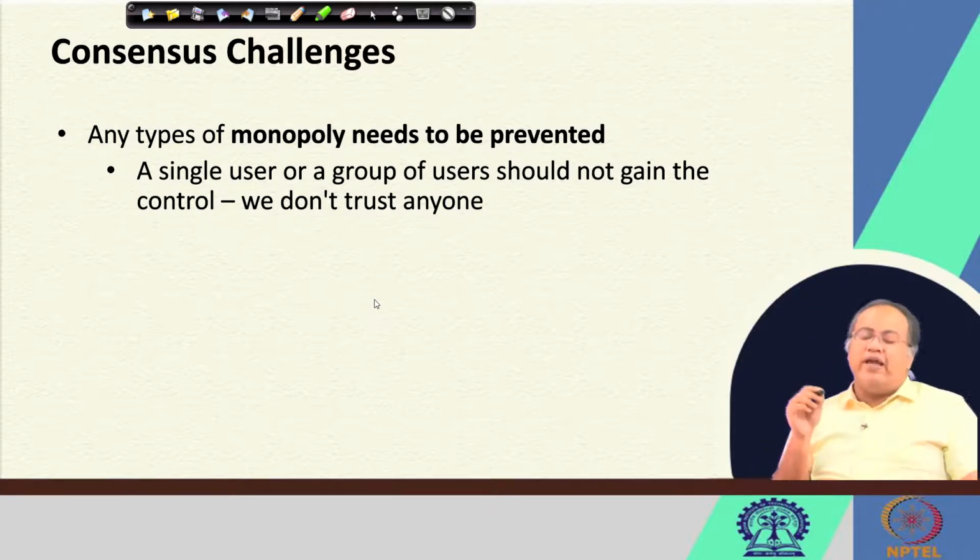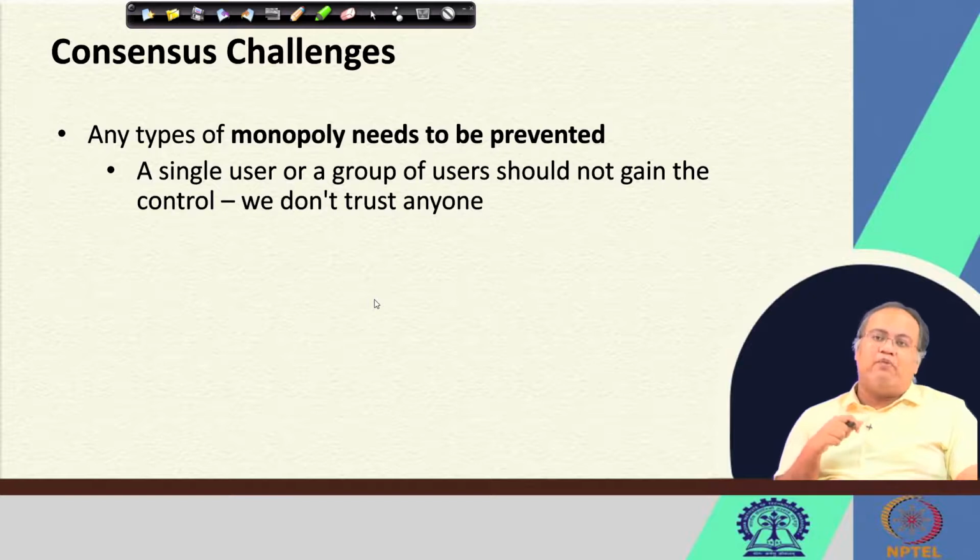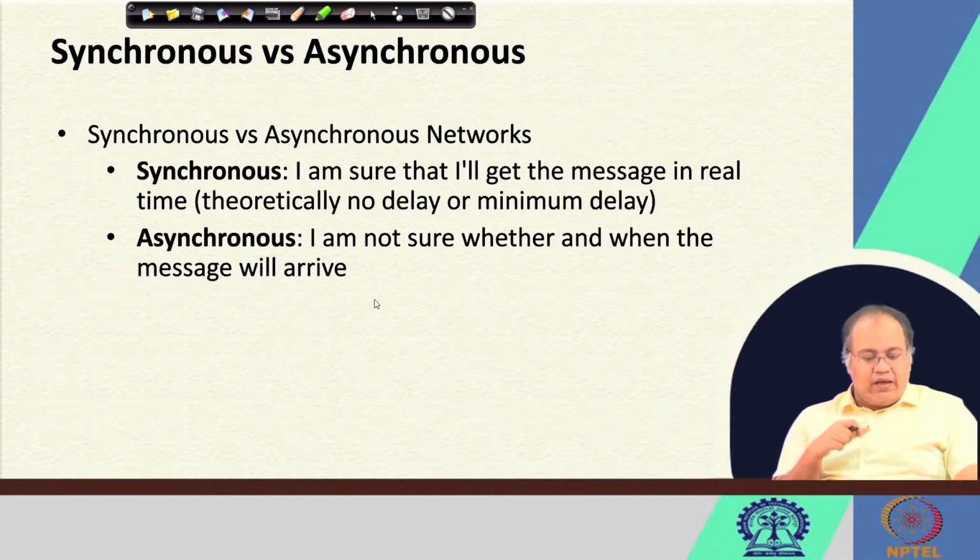An attacker might collude with other participants, and I need to ensure that the attacker and the colluding nodes together do not gain majority control over the network. Also, a single person should not be able to generate multiple consecutive blocks. Any such monopoly I need to prevent to make sure that the system is working perfectly.